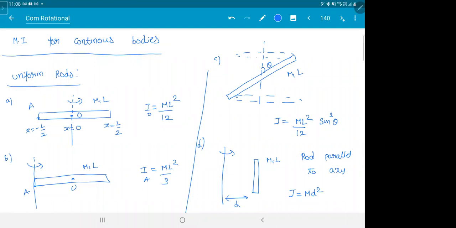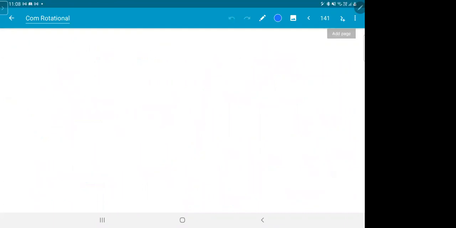Next thing. Turn the page. Next thing is for arc.